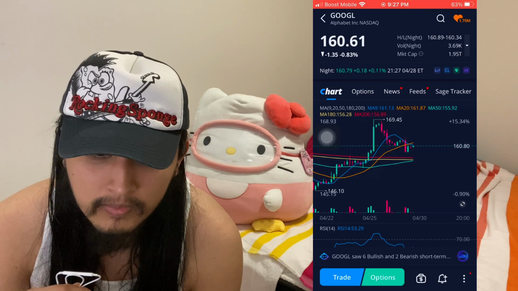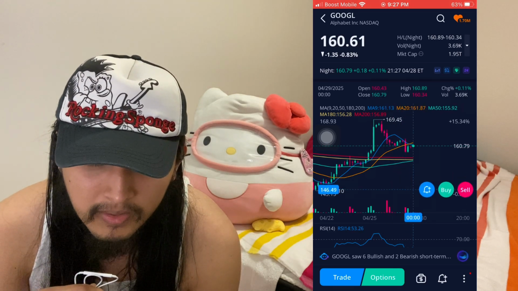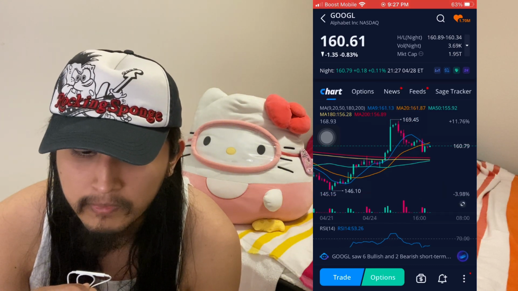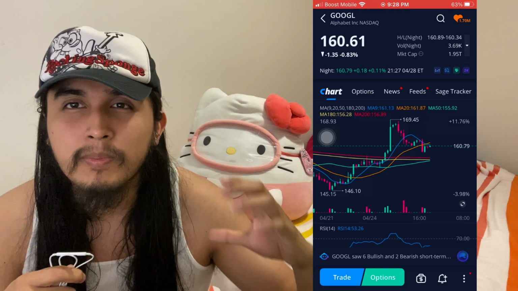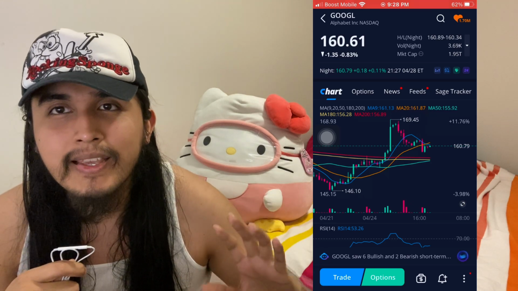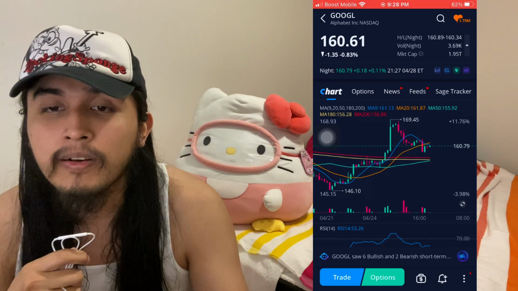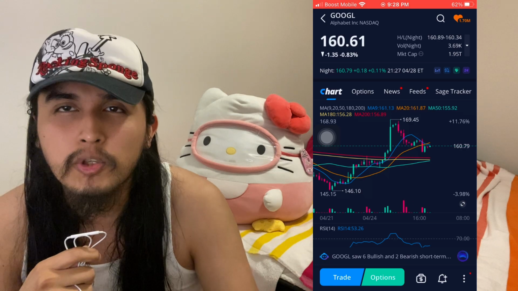I know it's below the 9-day moving average currently, but now that it is above the 180/200-day moving average, I do believe we're going to just see a little bit of downwards momentum for now, and then it's going to have its rise towards the upside sooner or later. I just feel like it's having its ups and downs, how it fluctuates with the market.